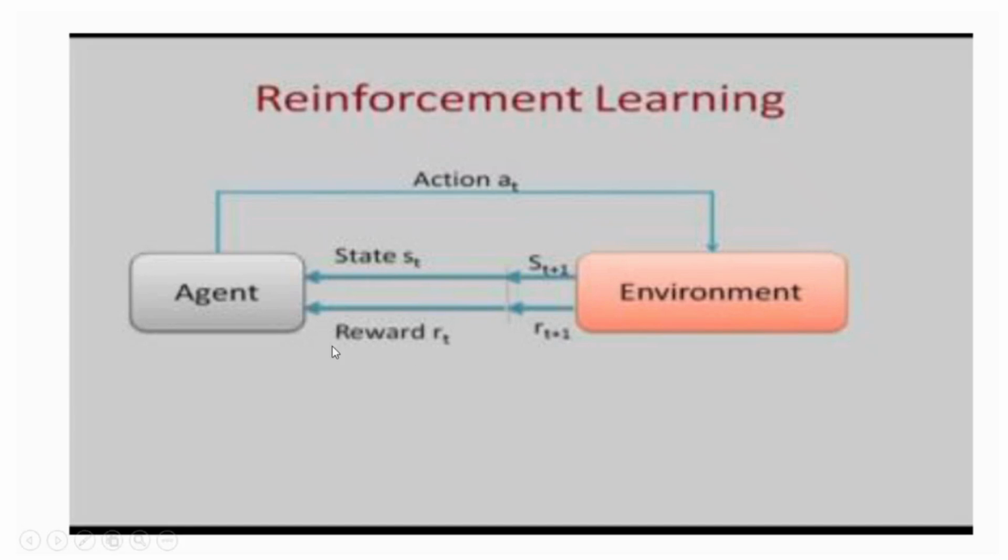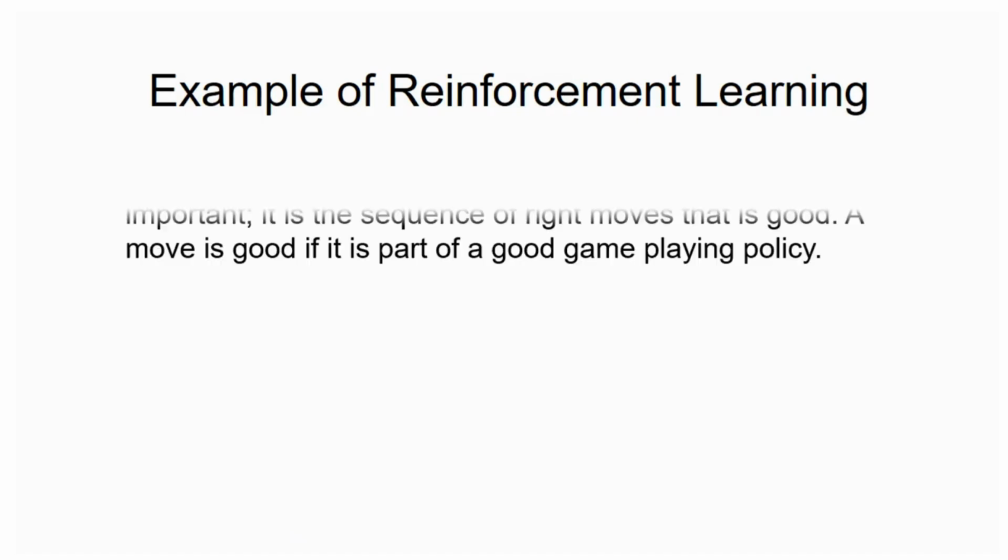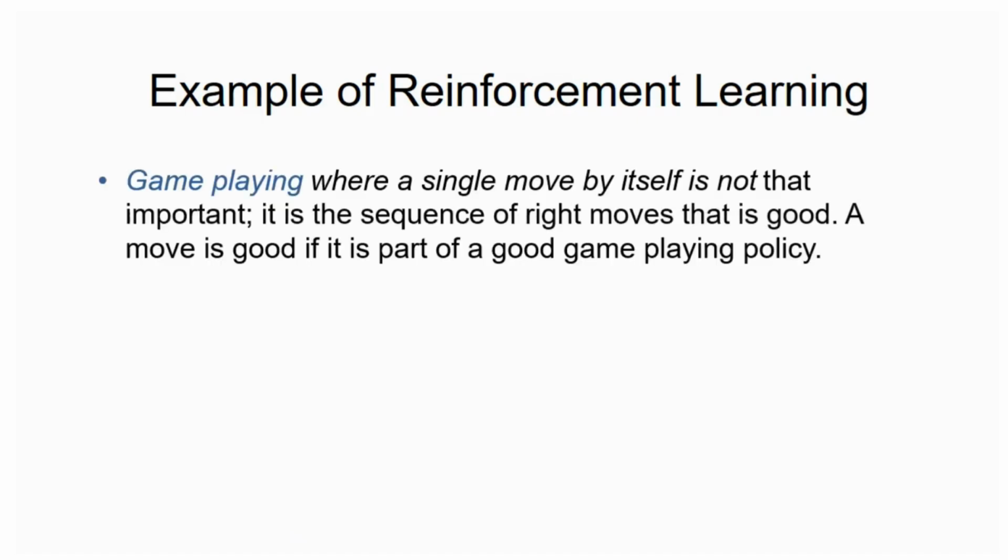Otherwise, the agent is penalized. Taking the chess example, the environment is the chess board and the agent is the one who plays. All game development algorithms are reinforcement based algorithms.